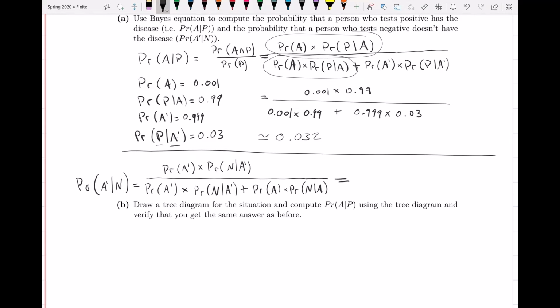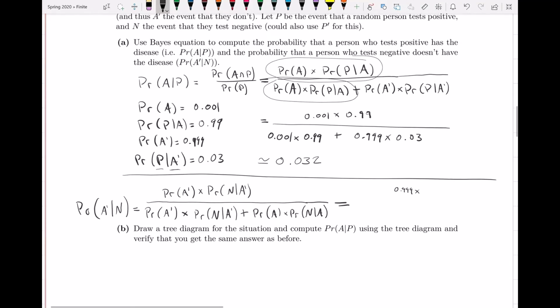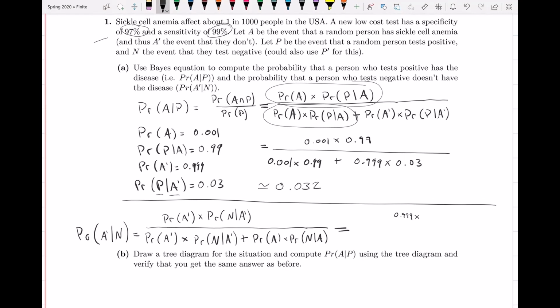So the probability of A complement is 0.999 times the probability of testing negative if you don't have the disease. That is precisely the specificity, which is 97%, so 0.97, right?